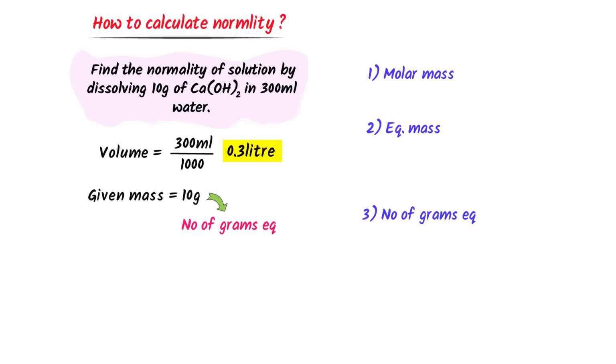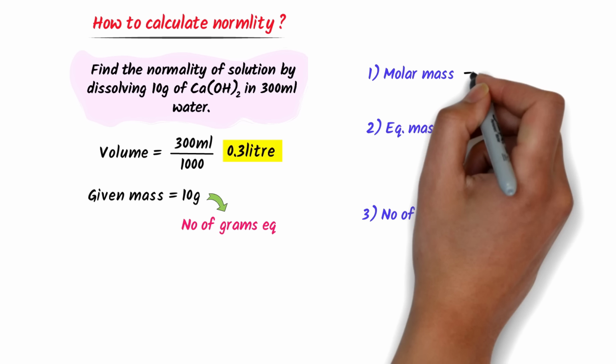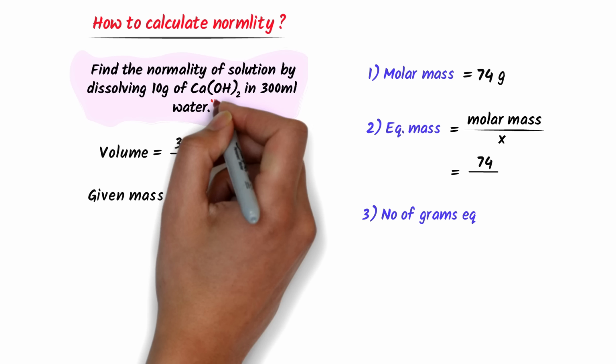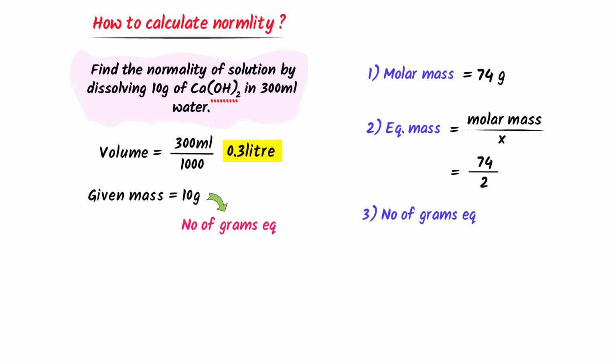We know that the molar mass of calcium hydroxide is 74 gram. Secondly, to find equivalent mass, I divide molar mass by X. We know that molar mass is 74 gram and the value of X is 2 because there are 2 hydroxide ions present in calcium hydroxide.